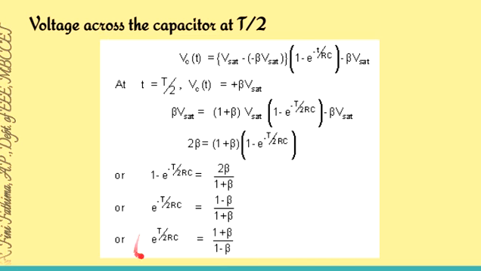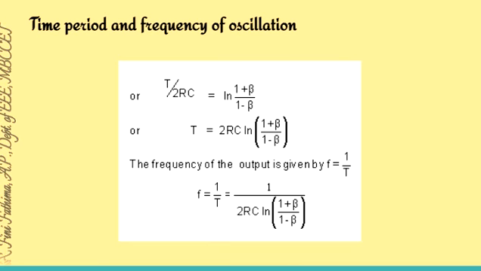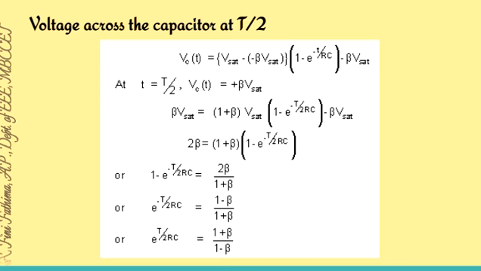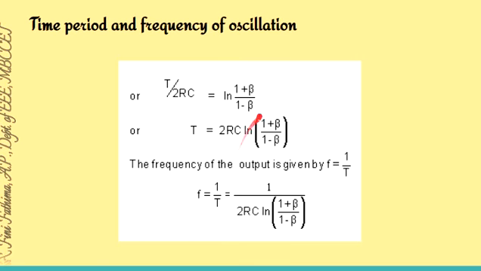Since it is an exponential, we are solving it by taking the natural logarithm. Here it was e raised to T by 2 RC, so the natural logarithm becomes T by 2 RC, and here the natural logarithm means ln of 1 plus beta by 1 minus beta. So I got T by 2 RC is equal to ln of 1 plus beta by 1 minus beta.